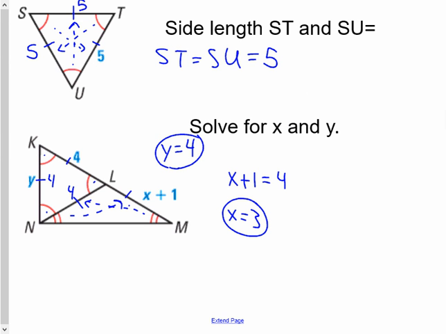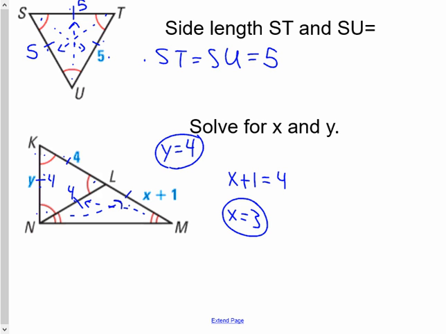So we did some basic solves. If you want to look in your book to solve these yourself, they gave us one side is 5 and the angles are congruent. So we marked up the other sides being congruent, and that meant they all equal 5. Down below here, we did the same idea. We had another equilateral triangle where all the angles are congruent, so all the sides are congruent.